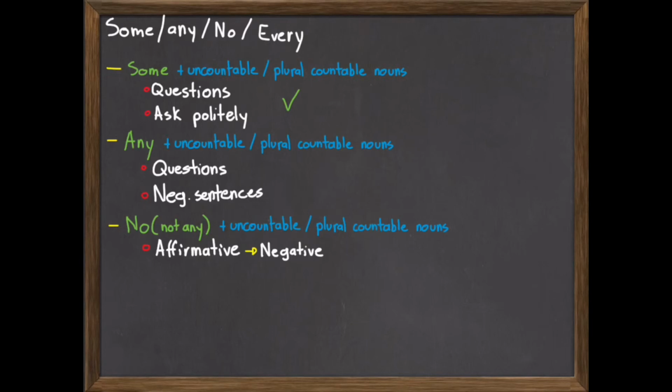Well, for example, there is no cheese in the refrigerator is the same as there isn't any cheese in the refrigerator. Remember that we use any for negative sentences when we're stating something negative. In this case, it's something positive but with a negative meaning.